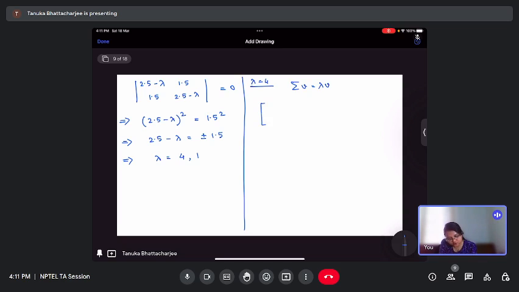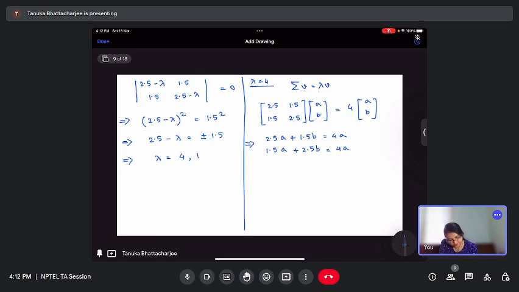So our covariance matrix is 2.5, 1.5, 1.5, 2.5. Let's say V is written as (a, b), equal to 4 times (a, b). That means if I simplify it, 2.5a plus 1.5b is equal to 4a, and 1.5a plus 2.5b equals 4b.